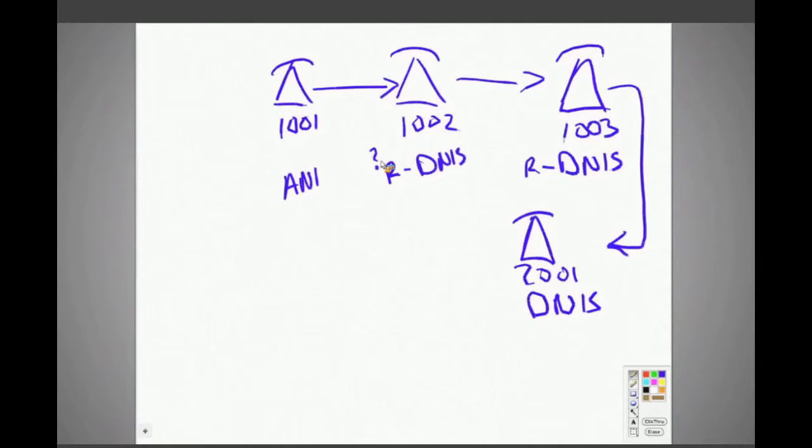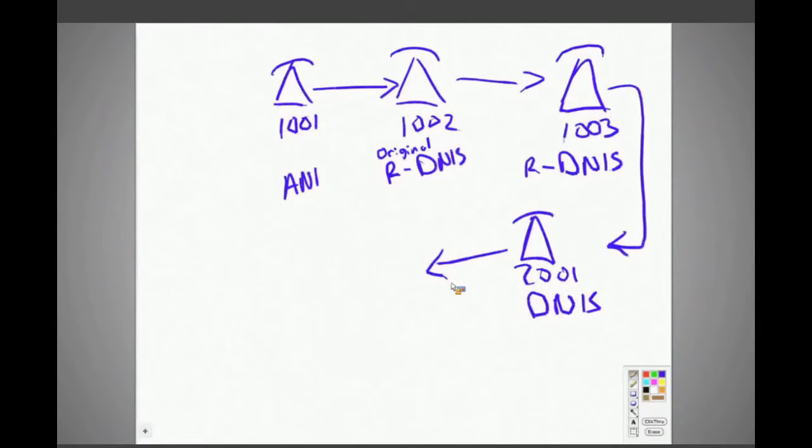You're correct, Michael, that is ultimately what we're getting to, but in terms of what 1002 is, it doesn't have anything to do with it. So 1002 doesn't change. 1002 is still a redirected DNIS. He just happens to be the original directing number.